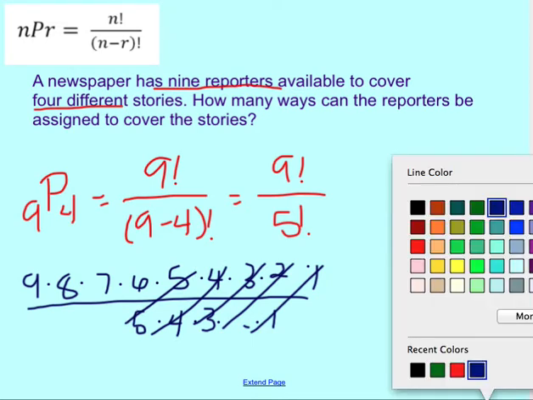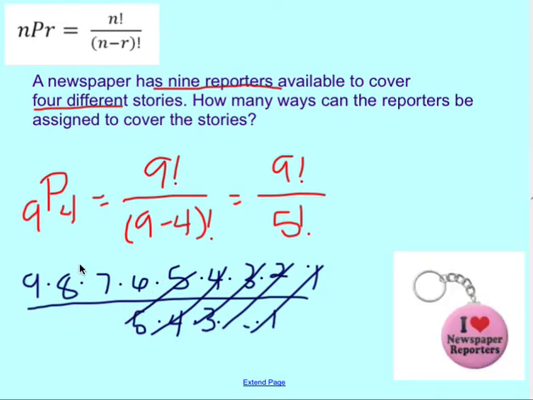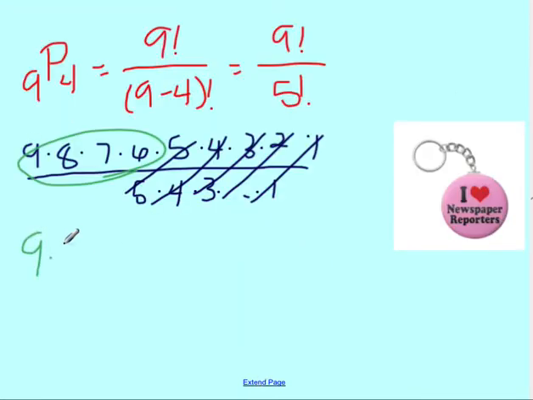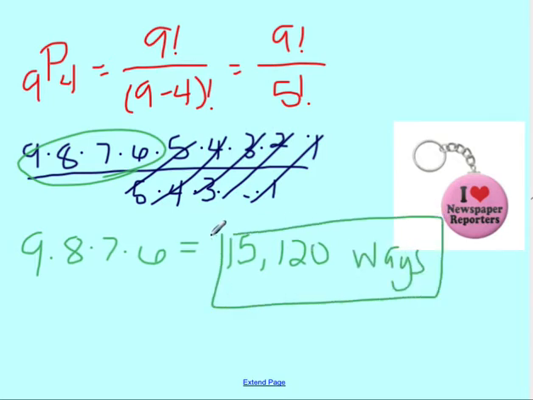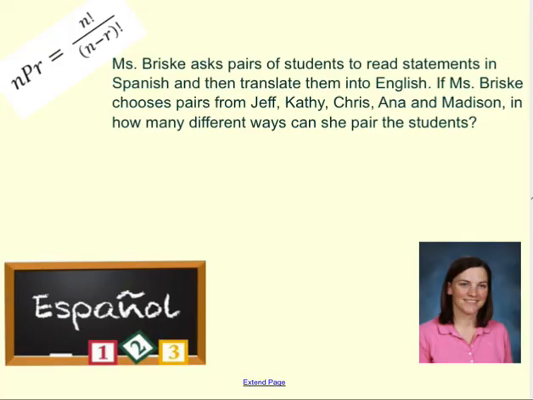And when we do that, what we have left is 9 times 8 times 7 times 6. So that's what I need to multiply out, 9 times 8 times 7 times 6. And when you multiply that out, you get 15,120 different ways that we can assign reporters to cover that story. Next, let's take a look at number 5.